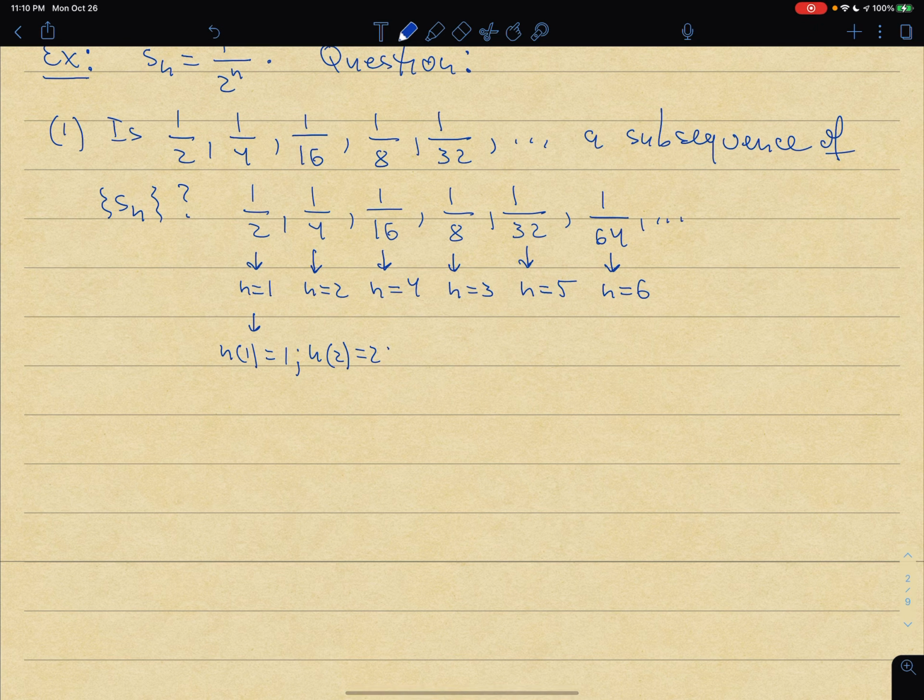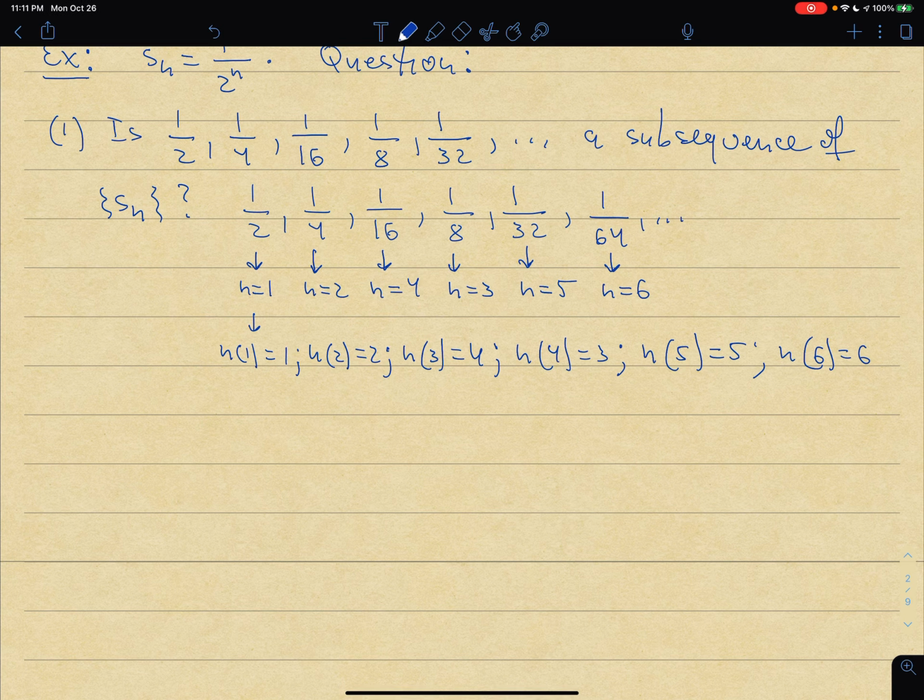Then n of 3 is equal to 4. n of 4 is equal to 3. n of 5 is equal to 5. And n of 6 is equal to 6. Those are the indices that appear in my presumed subsequence. So is this a subsequence or not?